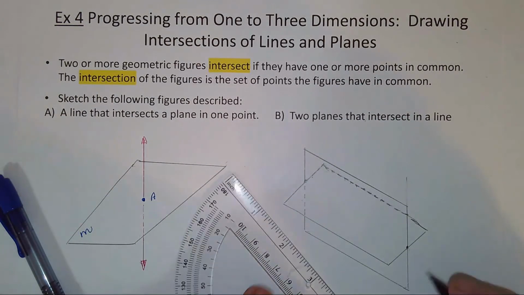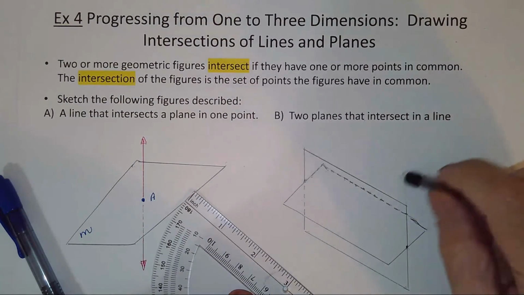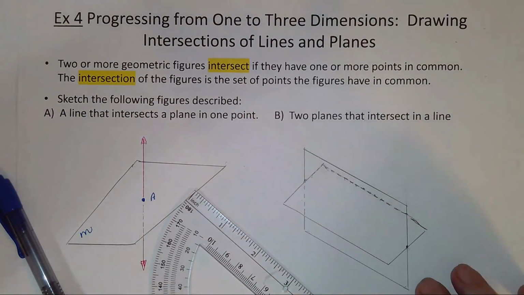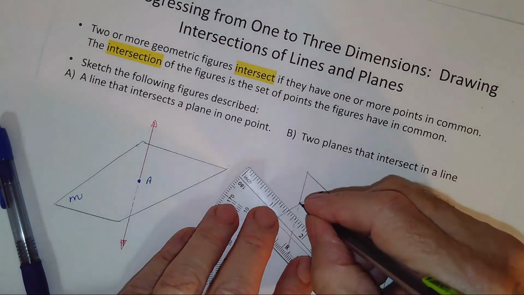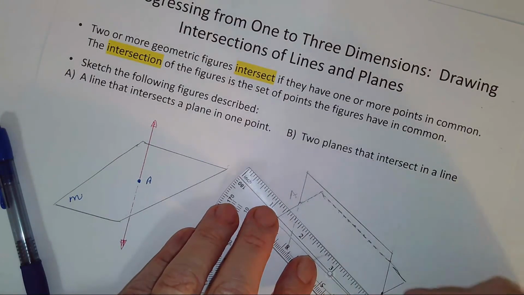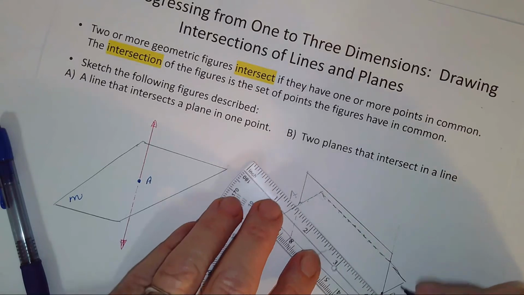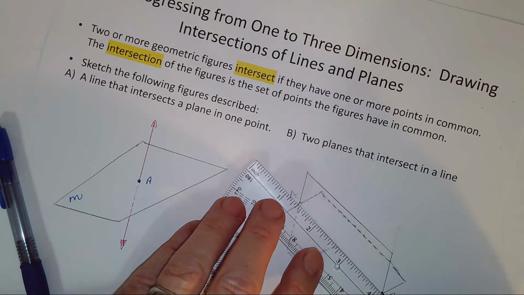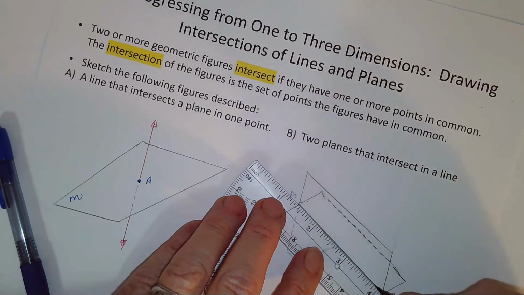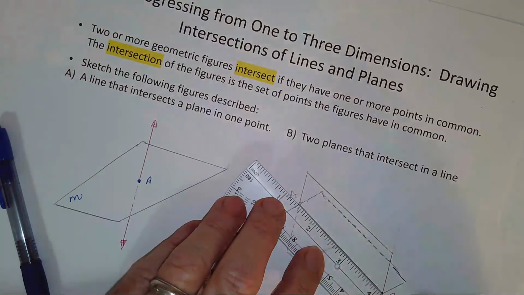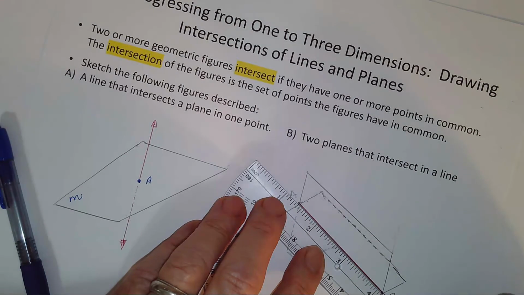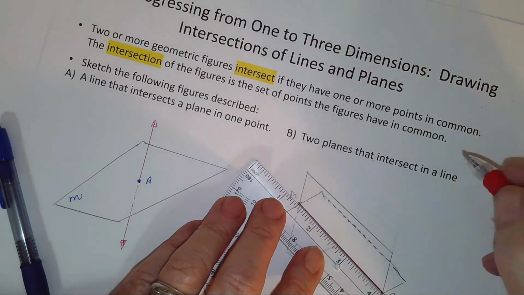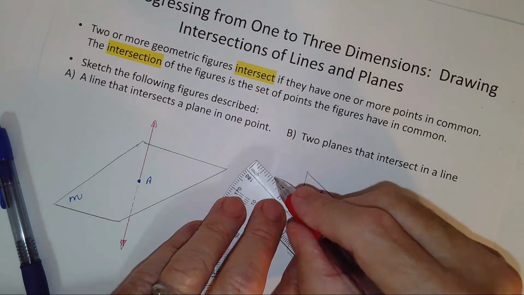You can see that at this point here, we'll call this point A, and we'll call this point B. Right through there, there's going to be a line, and that's going to be the line of intersection. And because these extend, then this line is going to also extend.